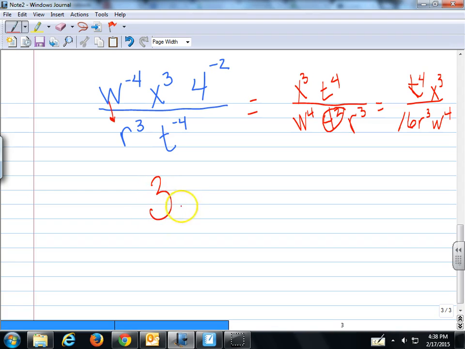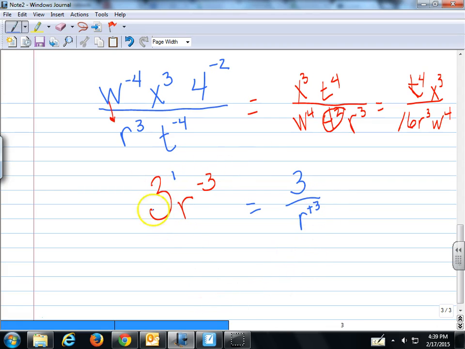Here's the other mistake I saw more than once. This power is only to the r. 3 has a positive power of 1. So this simplifies to be this. Whoops, positive 3.